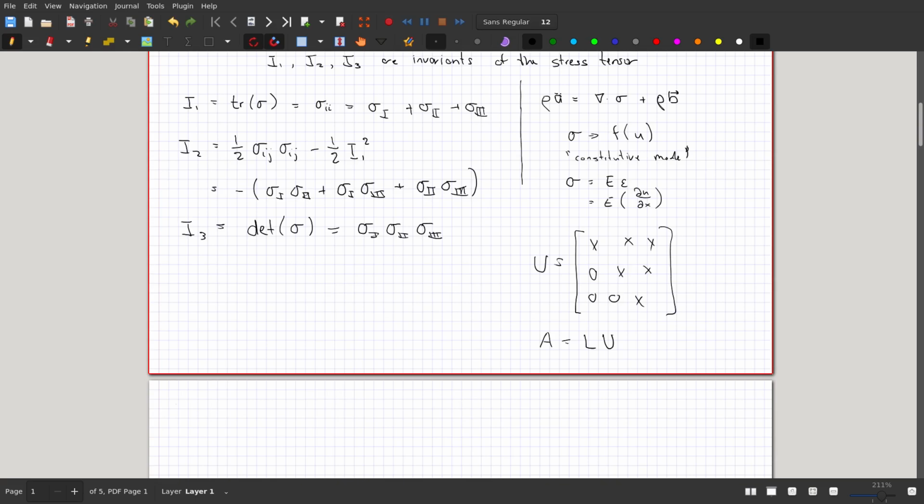Then you can take the multiplication of the diagonal of the upper triangular matrix, and that gives you the eigenvalues. So that's how a computer would solve an eigenvalue problem for a large scale problem. Right?